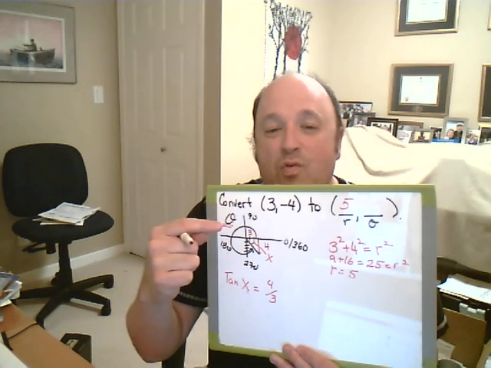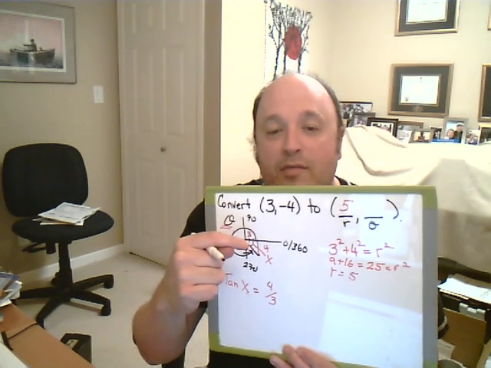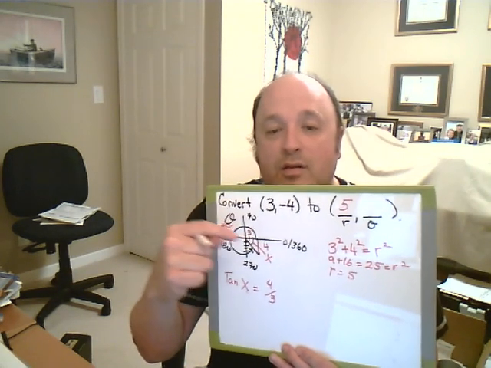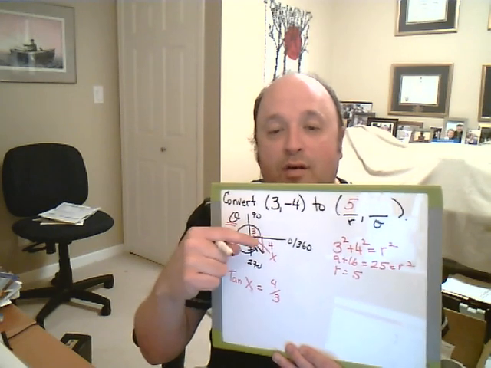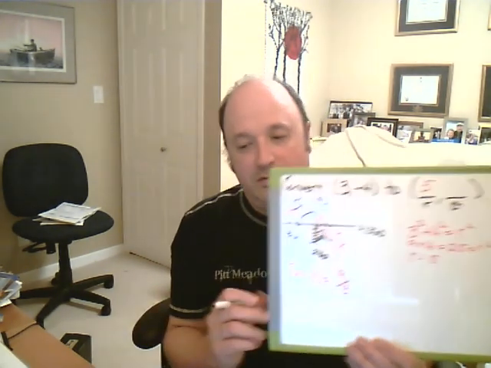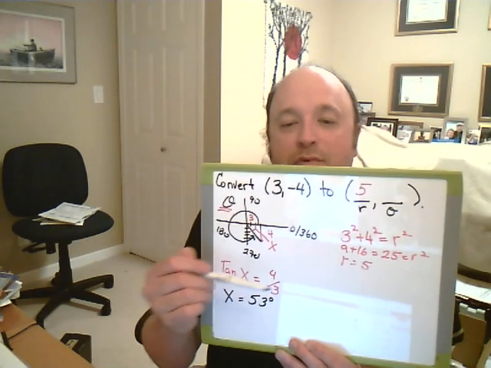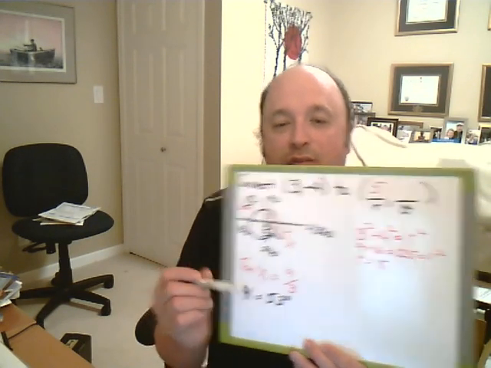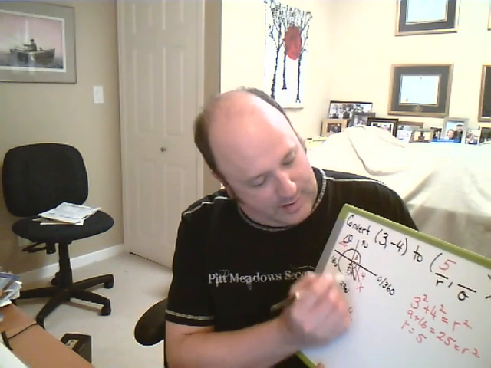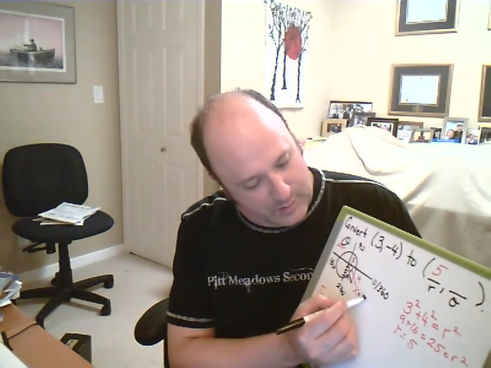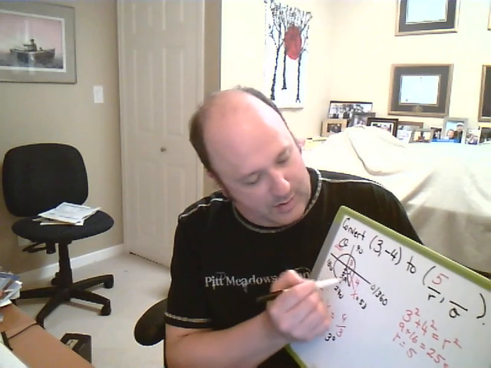We need the whole angle. We'll figure out part of it, but we need the positive version of it. Let's do that calculation. You do the inverse tangent of both sides, and it turns out to be 53 degrees, but that's this angle here. This is 53 degrees. I want the other part of it.